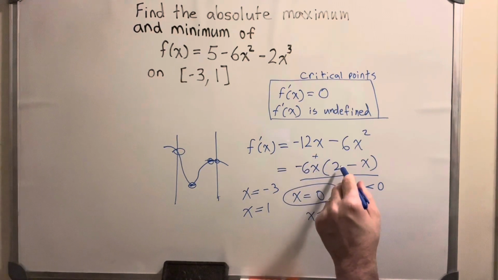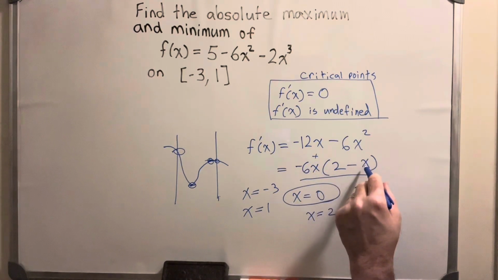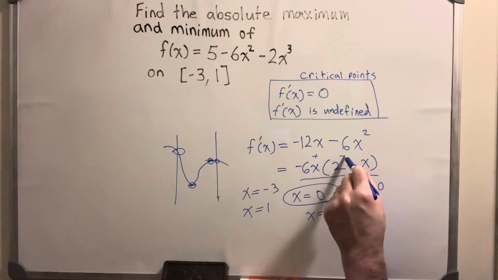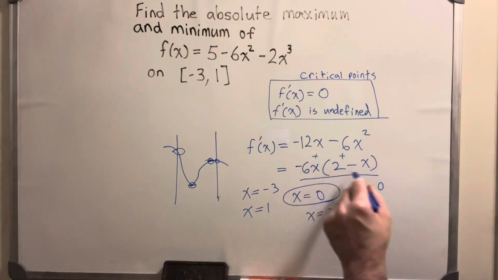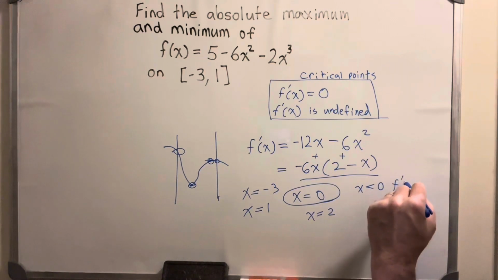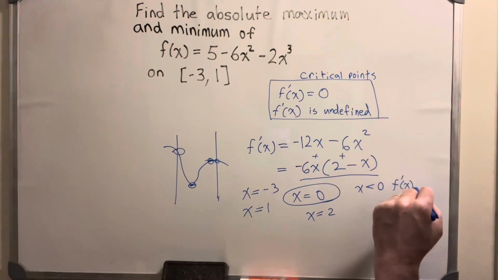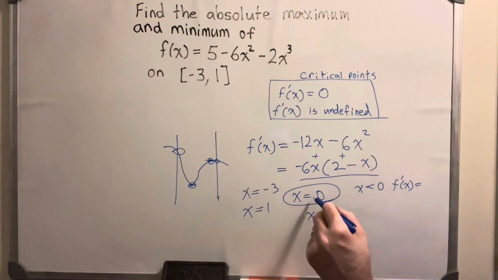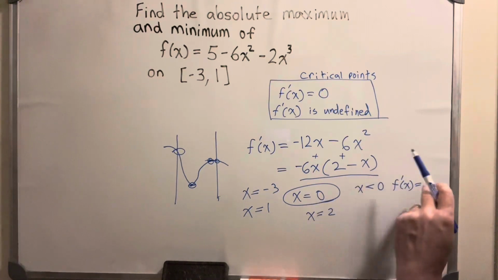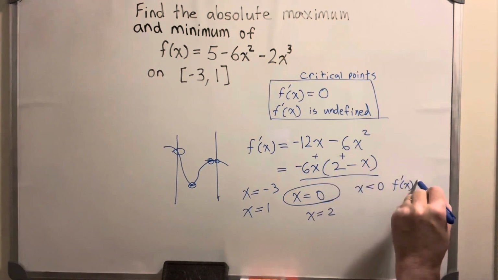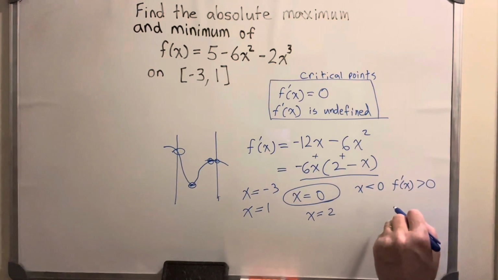And 2 minus a small negative number would be slightly more than 2, so it would be positive. So the slope for x slightly less than 0 would be greater than 0.